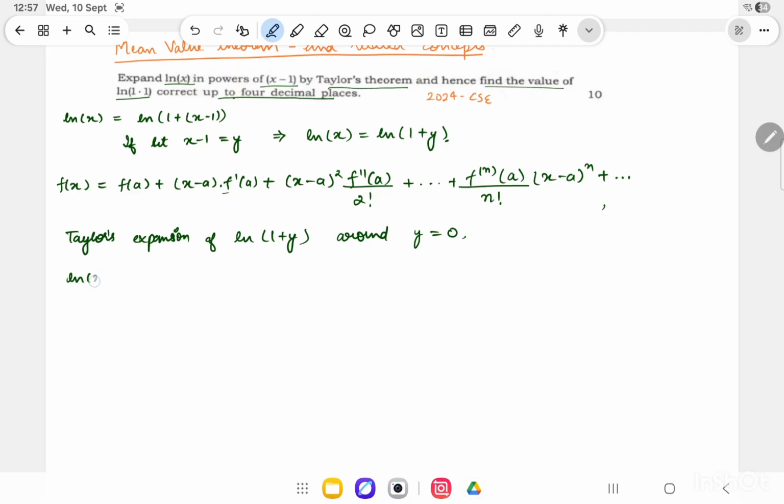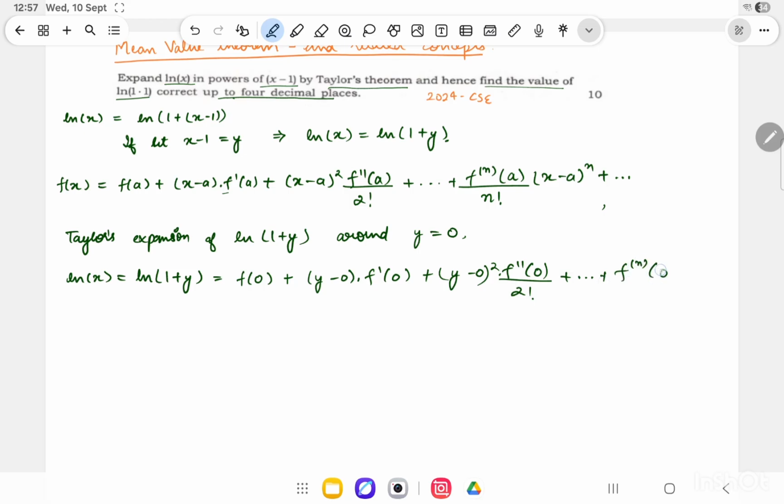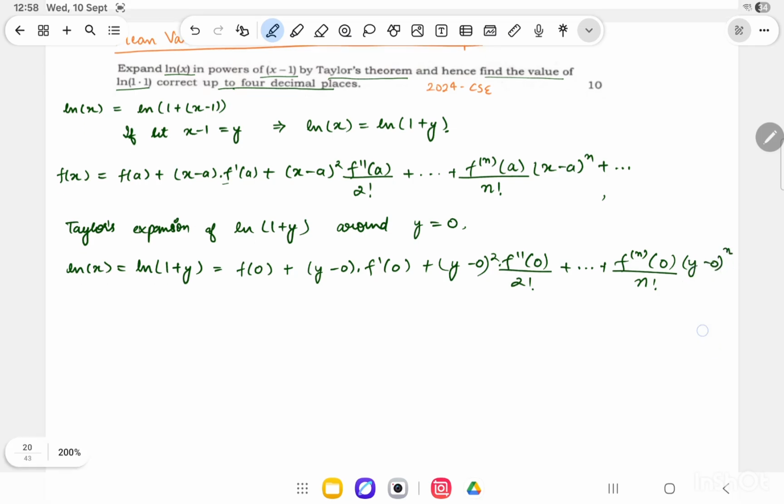So my ln x equals ln(1 plus y), and I am finding the Taylor's expansion around y equals 0, so it will be f(0) plus (y minus 0) into f'(0) plus (y minus 0) square into f''(0) divided by 2 factorial, and so on up to f^n(0) divided by n factorial into (y minus 0) raised to n.